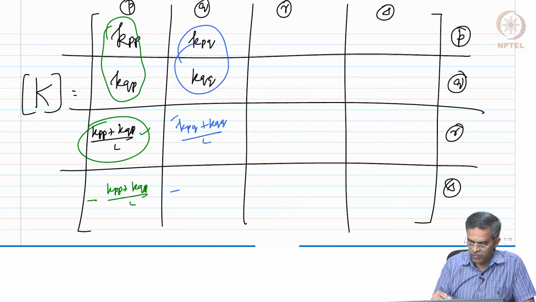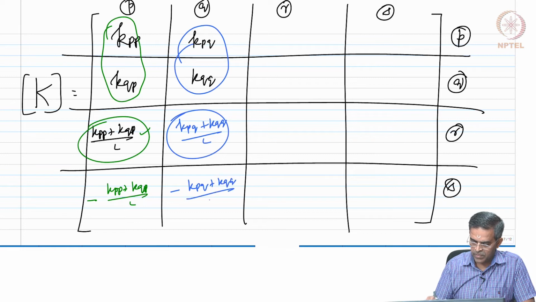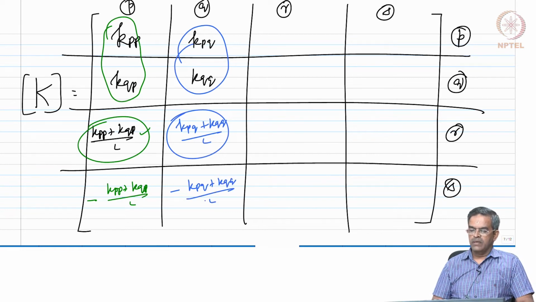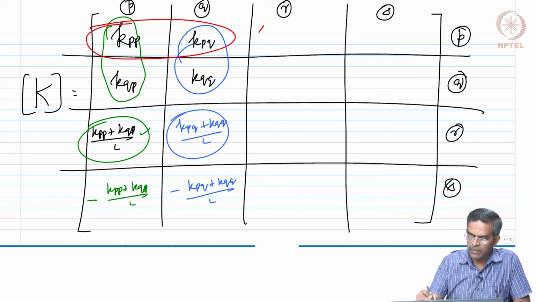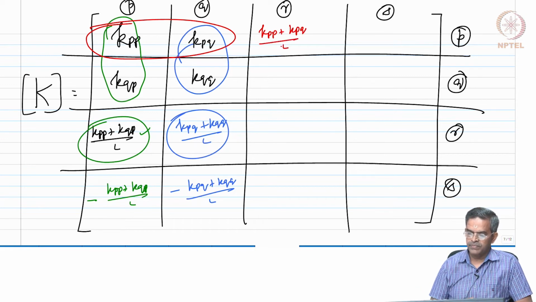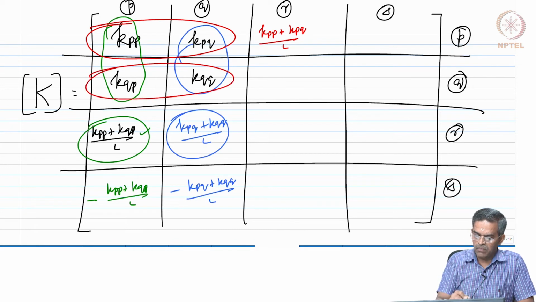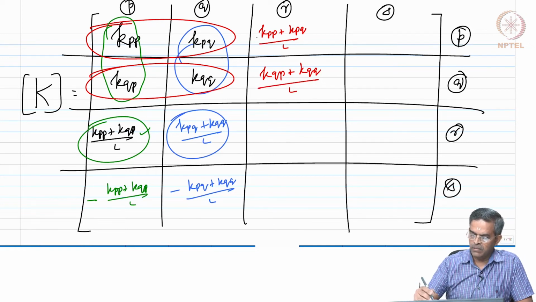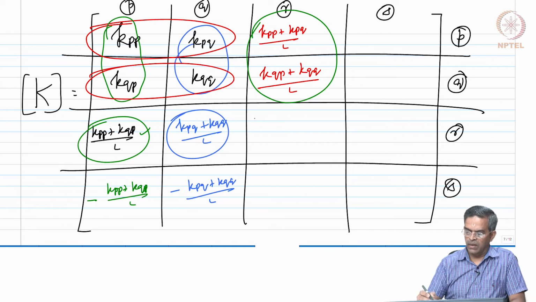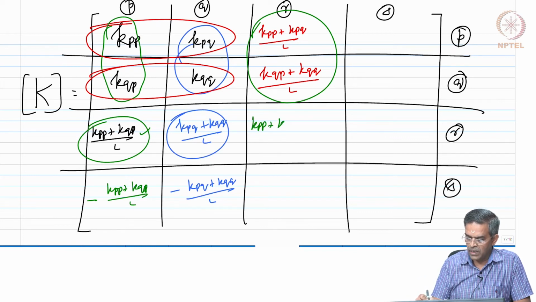This is minus of this. The third column is very easy. Sum of these two by L. Second element, sum of these two by L. Third element, sum of these two further by L. So, that becomes KPP, KQP, K.